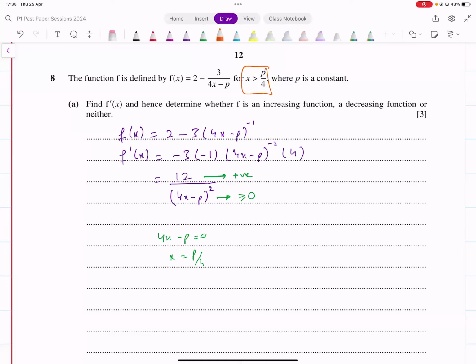X is greater than p over 4, so x cannot be equal to p over 4. That means the denominator is also always positive because it's a square. So what do we say then? We say f dash of x is always positive, or always greater than 0, right?